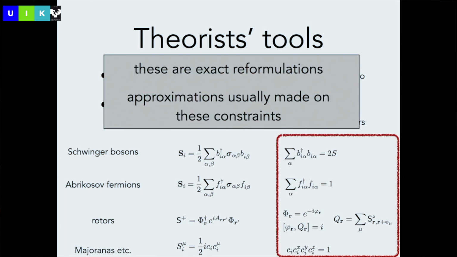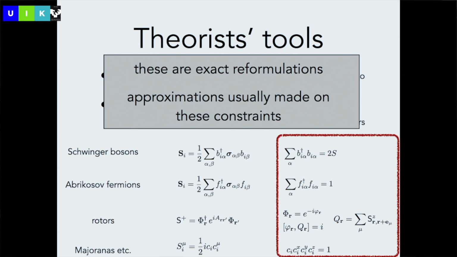Only these constraints are actually very hard to solve. And so in fact, for the system to be tractable, typically these are treated in mean field or in some approximation. Okay. So this is kind of a statement.